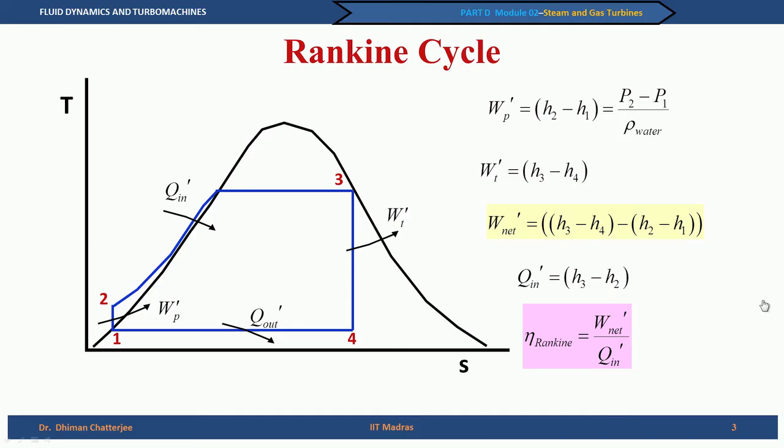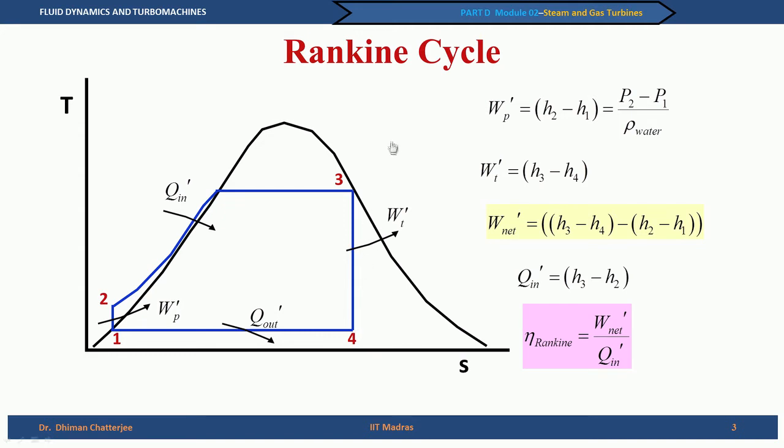The difference between the Rankine cycle, which is for the steam power plant or the vapor power plants, and the gas turbine cycles, which is the Joule or the Brayton cycle that we will discuss, is the fact that in case of the expansion of steam, the end stage, that is the 4 in this one, is in the wet region.